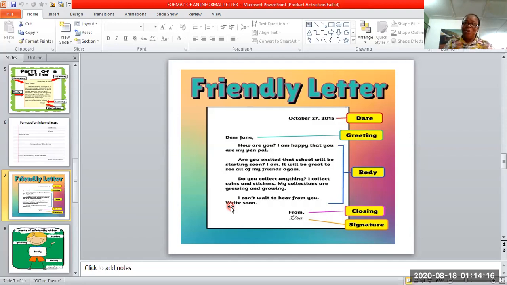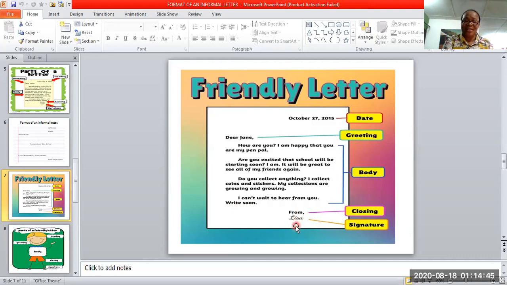Yes, Monyolua will know that you wrote the letter. Yes, if you are writing to your friend, Ebuka, Ebuka must know that you wrote the letter. Chinedu must know that the letter is coming from you. So you write your name at the signature level. At the end of it all, that section we call the signature is where your name should be.